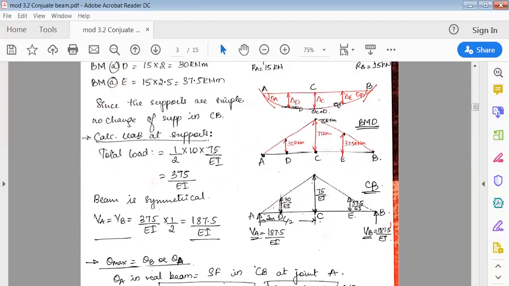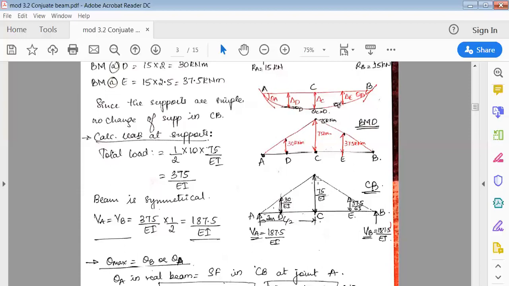So the total downward load is half into base into height, half into 10 into 75 over EI. This is the total load acting downward.